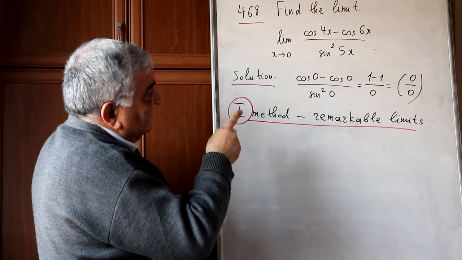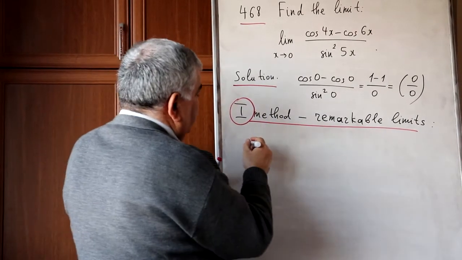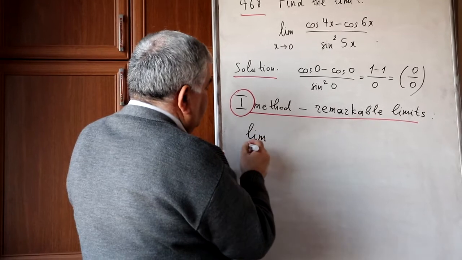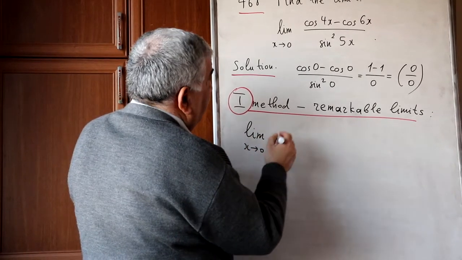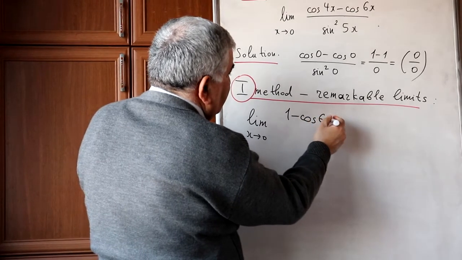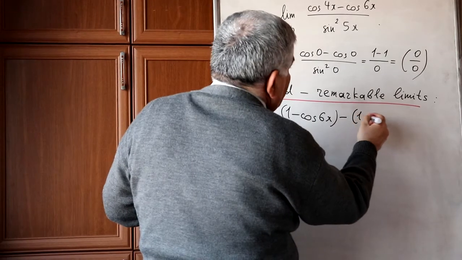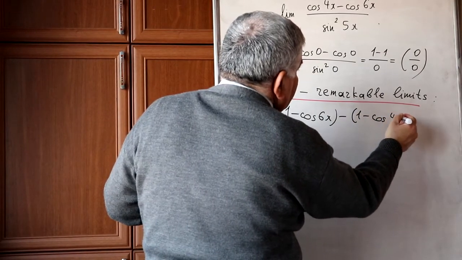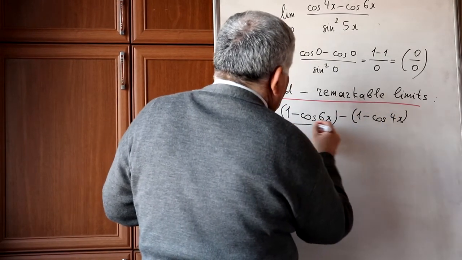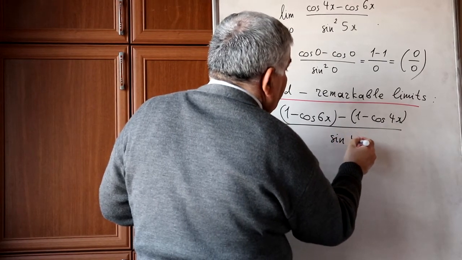First, transform the numerator in the following form. Limit when x tends to 0 of 1 minus cosine 6x minus 1 minus cosine 4x, divided by sine of 5x squared.